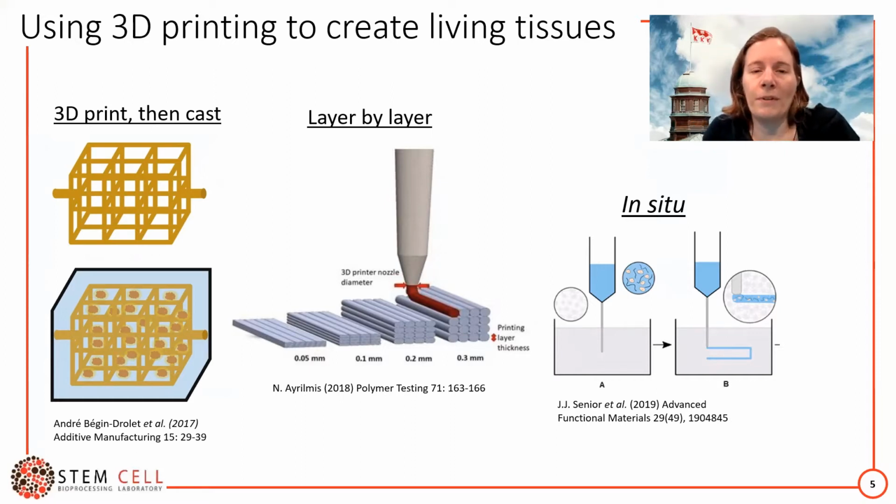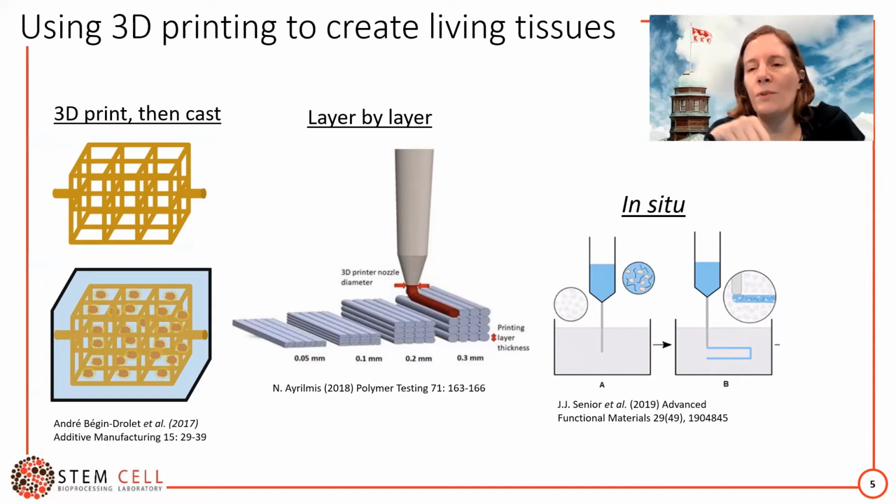Another example is layer by layer 3D printing, and probably most of you, when you're envisioning 3D printing, are thinking about additive manufacturing, which is adding things layer by layer until you get your complex objects. So you can do that as well with living cells. And then another example is using a support system or starting with a material where you then create some kind of localized structures via 3D printing.